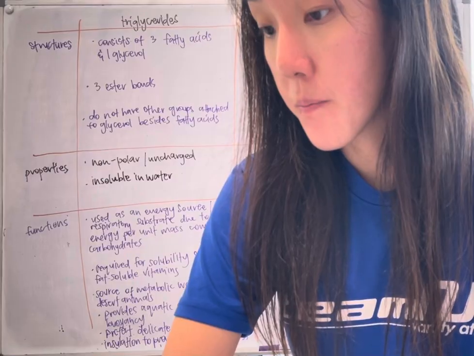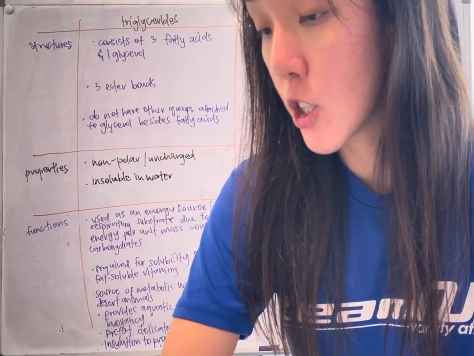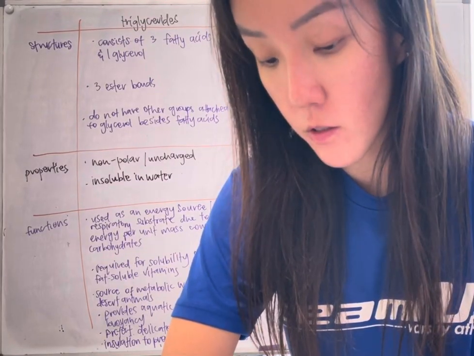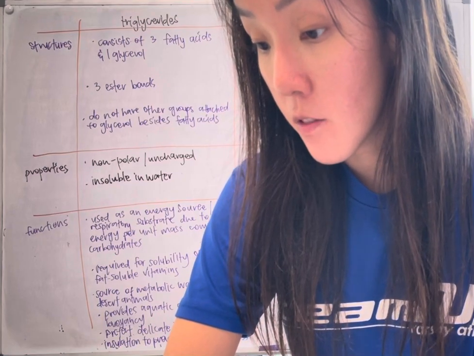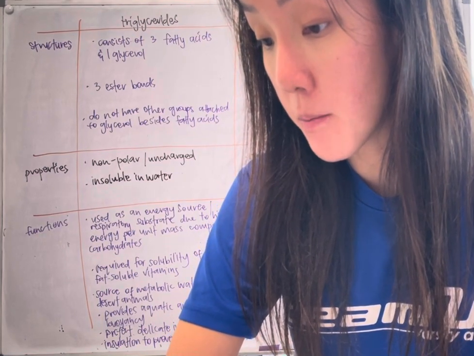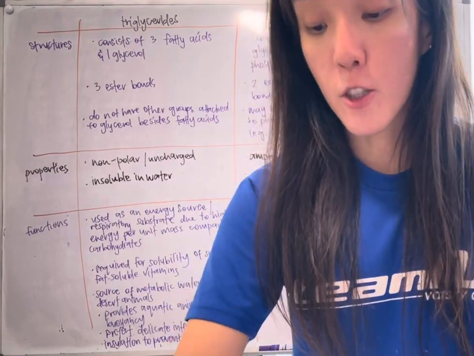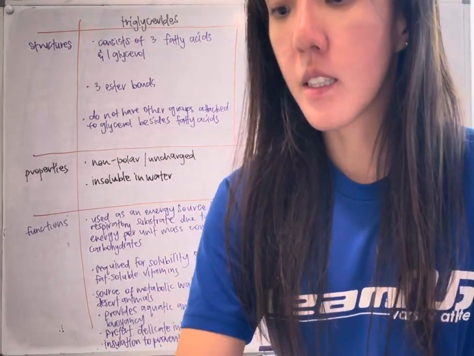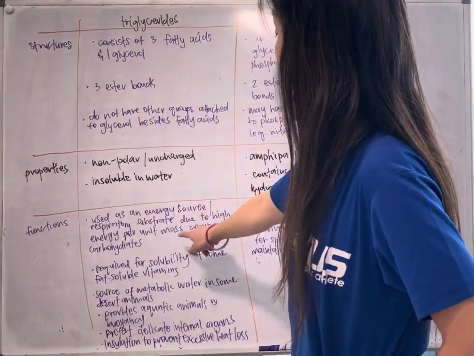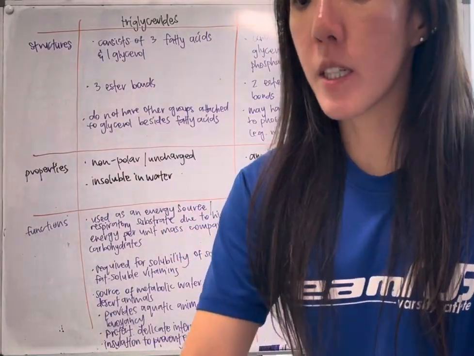Now for your triglycerides, there are just two structural features for you to take note of. The first structural feature of triglycerides that makes it a good storage macromolecule is, as I already mentioned down here, the high energy per unit mass.